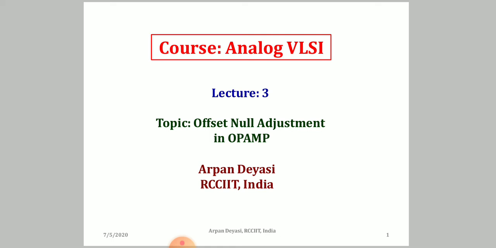Today, with the help of detailed mathematical analysis, I will show how the offset null of an ordinary differential amplifier can be adjusted. As discussed earlier, the offset null generally arises because of differences of the drain resistances, differences of the aspect ratio of the MOSFETs, as well as differences of the threshold voltages.